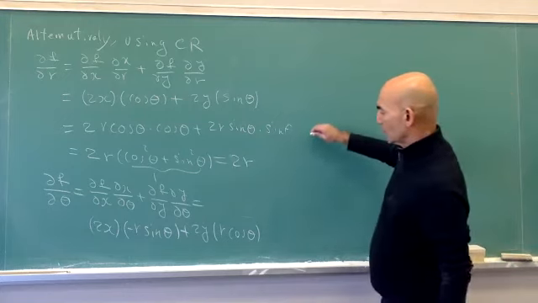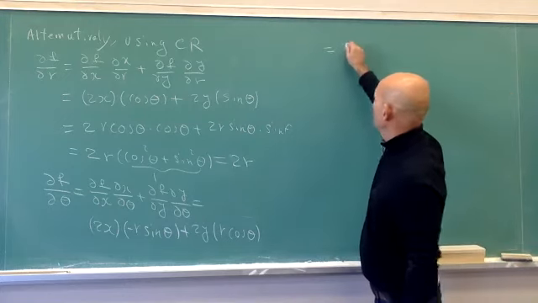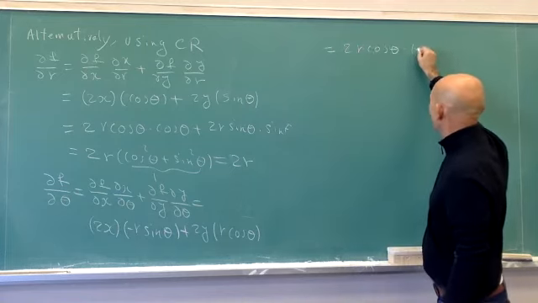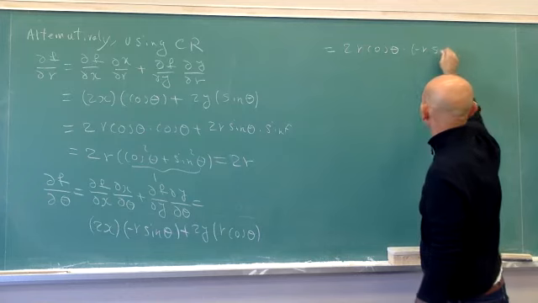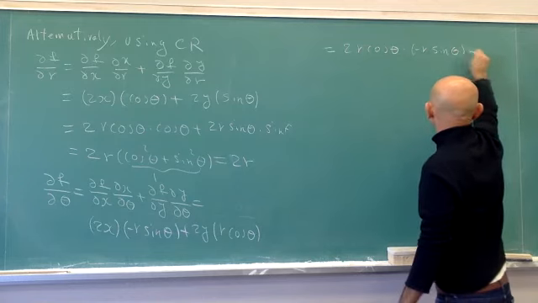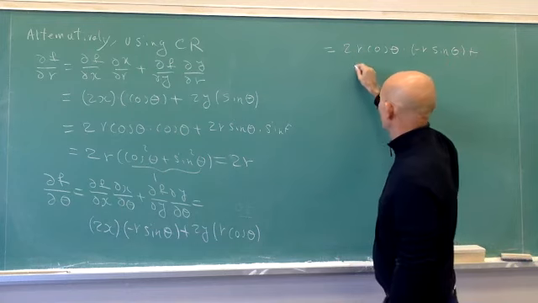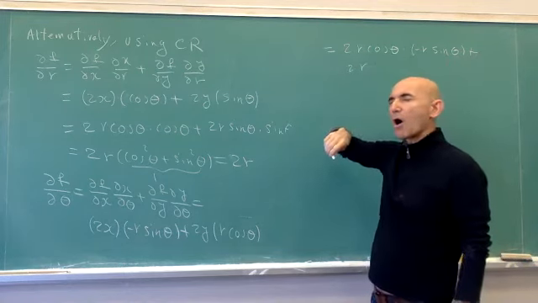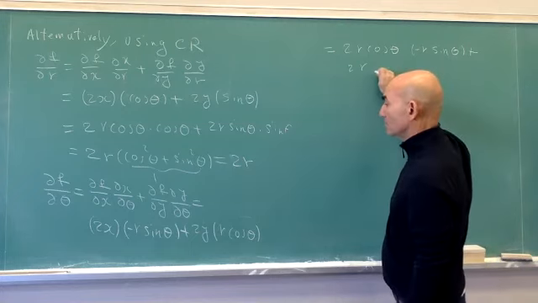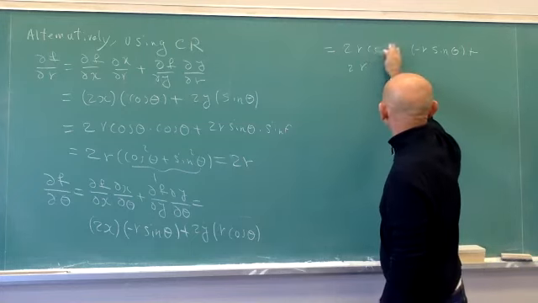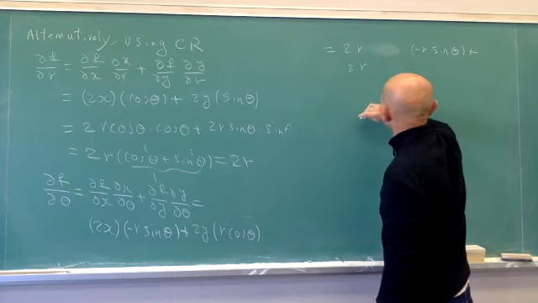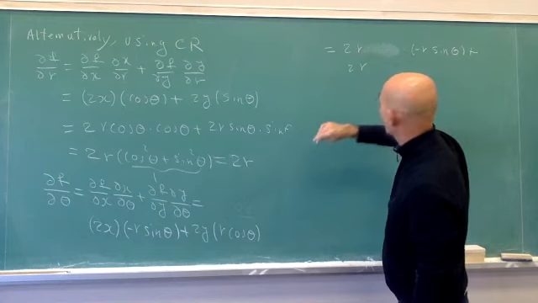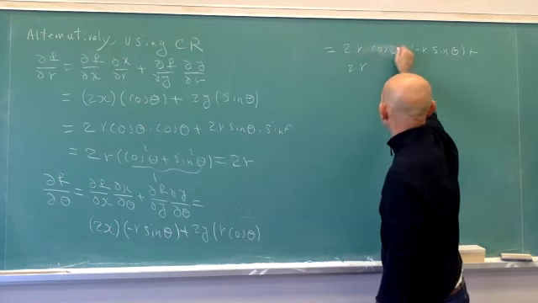So that's equal to 2r cosine of theta times minus r sine of theta plus 2r, what was y? x is r cosine of theta, that's okay.